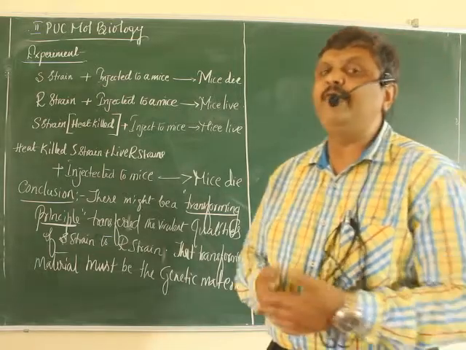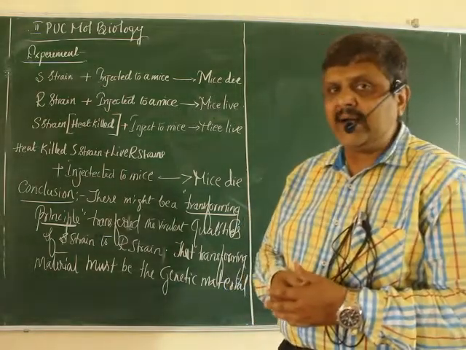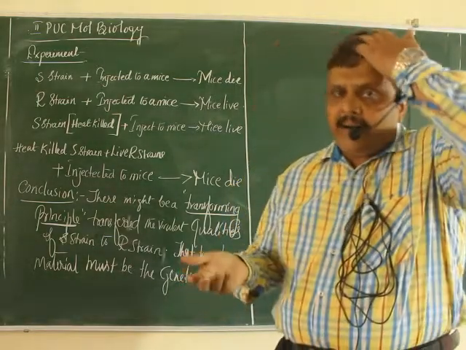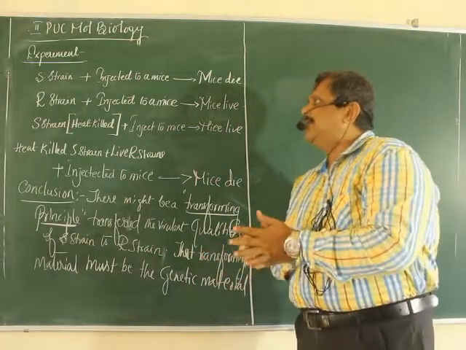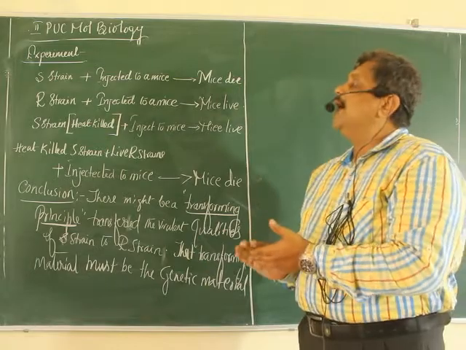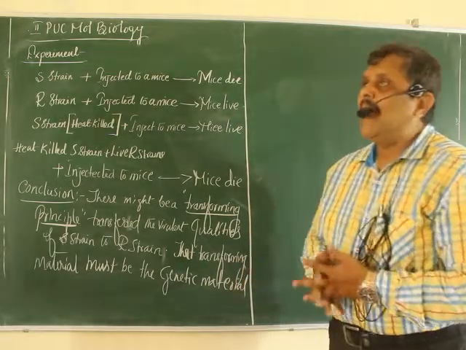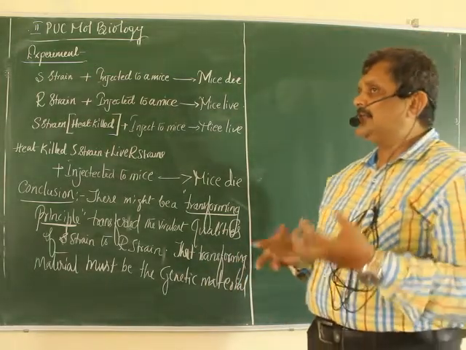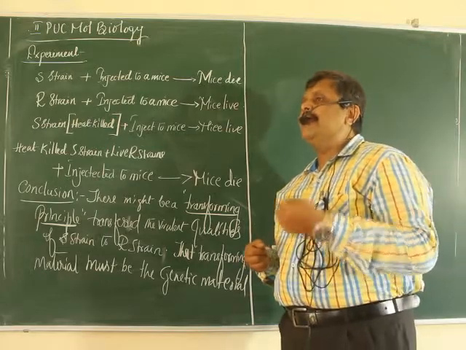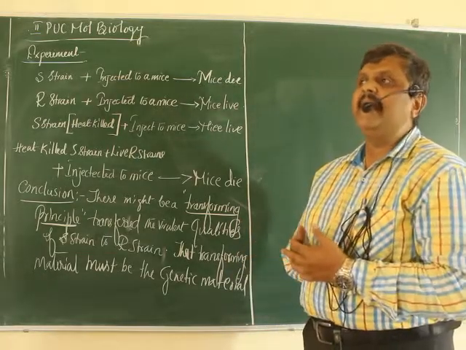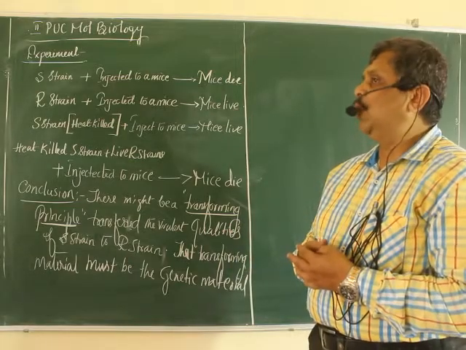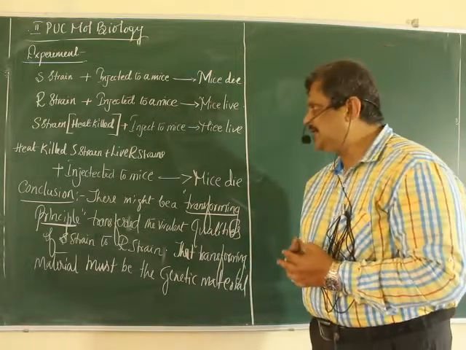Virulent means harmful. When he injected that harmful substance into the mice, they died. Then he cultured R strain bacteria and injected it into the mice. The mice were happy and did not show any abnormalities.